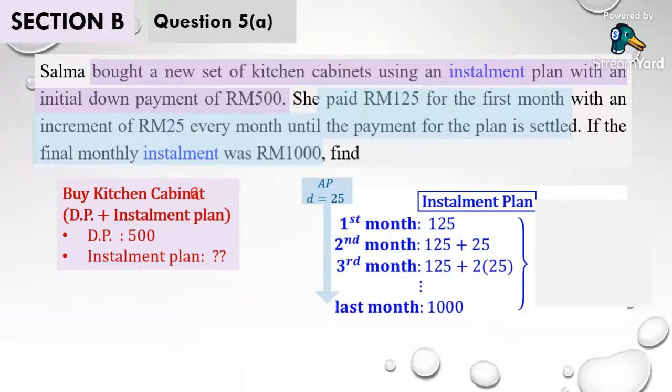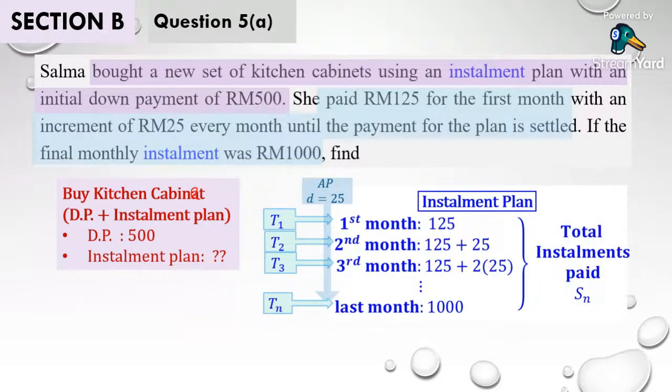By right, if I consider the first month as T1, second month T2, third month T3, the last month I don't know, so I simply put Tn. All these payments, if I total up, will be the total installment paid. If I sum up from T1 until Tn, it's actually Sn. So the total installment paid is actually Sn.